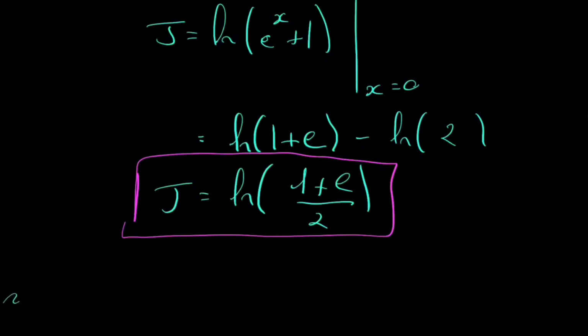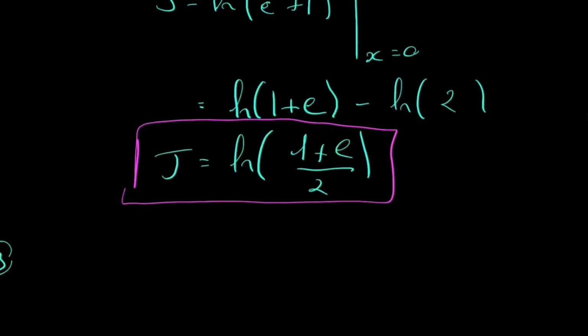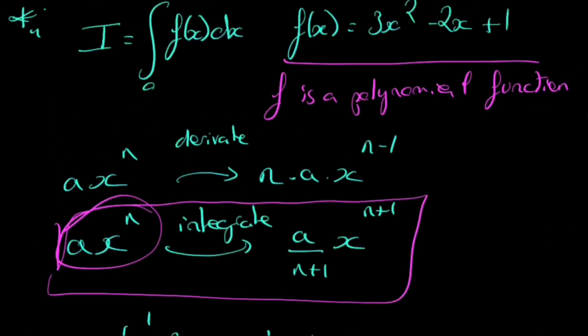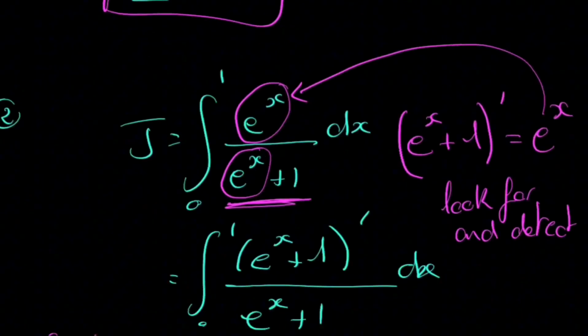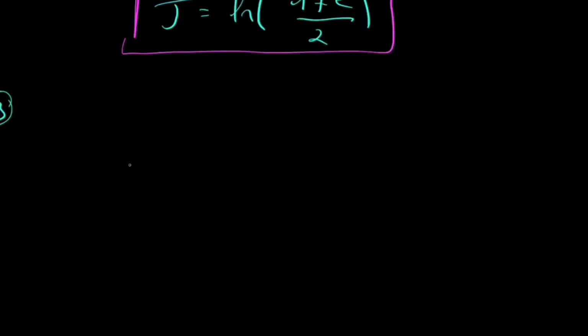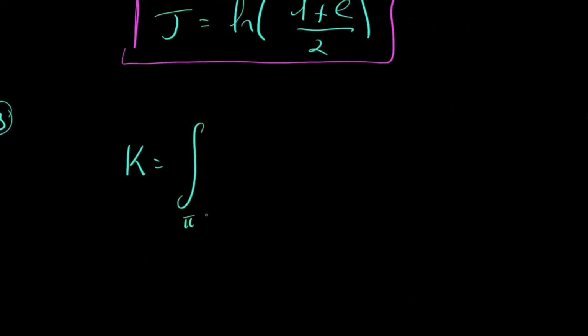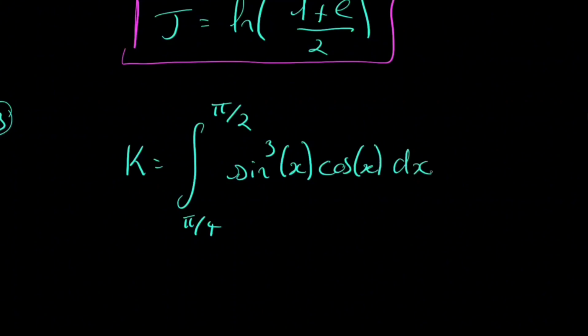So now integral number 3, which is called K, and K is equal to the integral from pi over 4 to pi over 2 of sine to the third power of x times cosine of x dx.